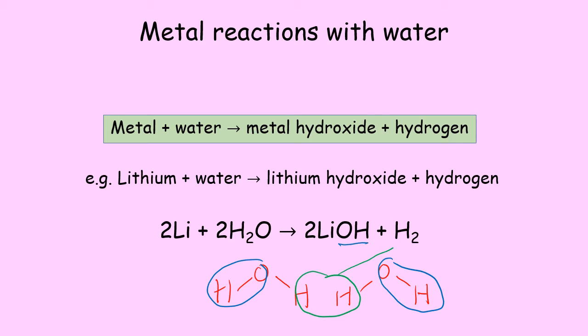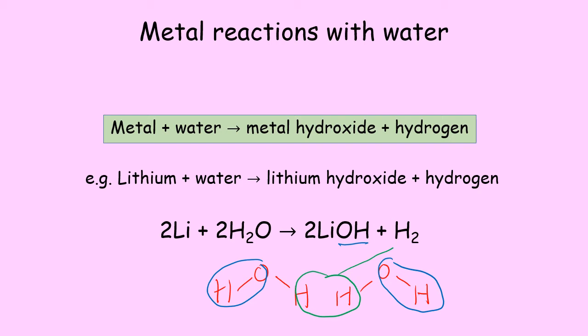So you don't need to know that detail of what's happening with the water molecules, but I've drawn that in because it can help you understand how you end up with hydrogen and how you end up with hydroxides. That the metal is splitting the water apart to produce hydroxide and hydrogen.